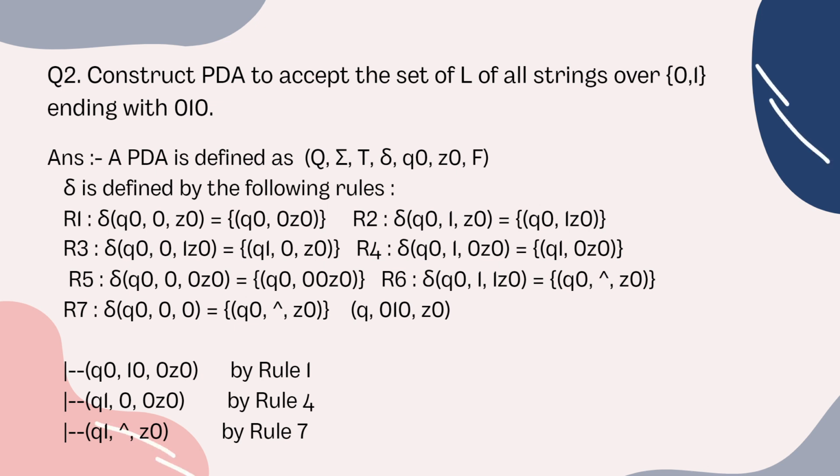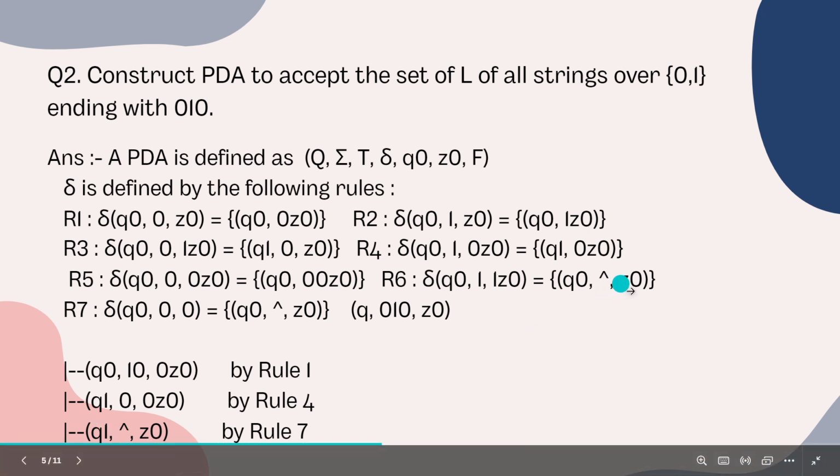Then we have rule 5, given as delta(q0, 0, 0, z0) = (q0, 0, 0, z0). Then we have rule 6: delta(q0, 1, 1, z0) = (q0, ε, z0), where ε is the empty symbol.